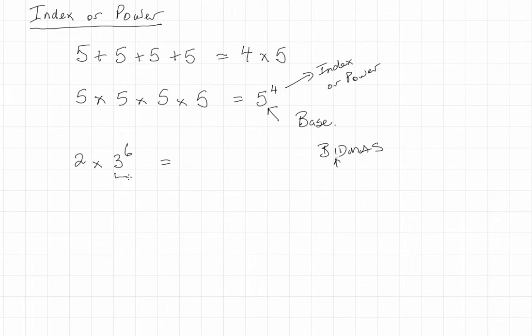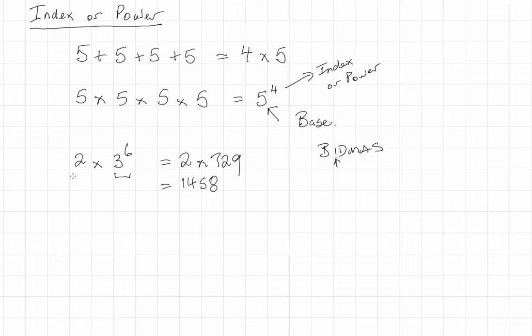So we actually just raise 3 to the power of 6, and what's that, 729, so it'll be 2 times 729, and that's 1458. So don't think that 6 power there applies to the 2 as well. The 6 only applies to the base, not to the number that's at the front.